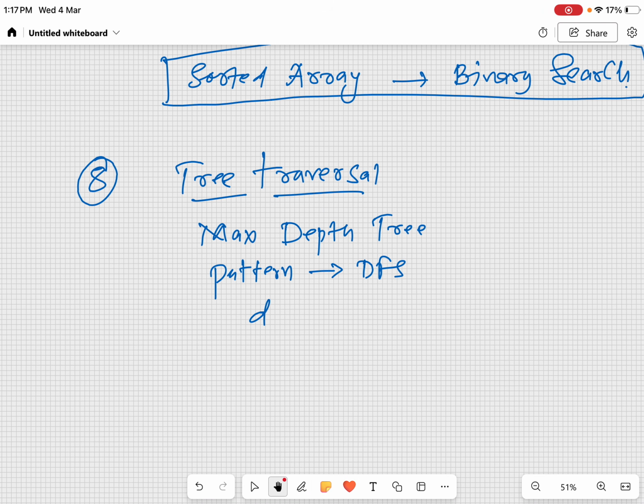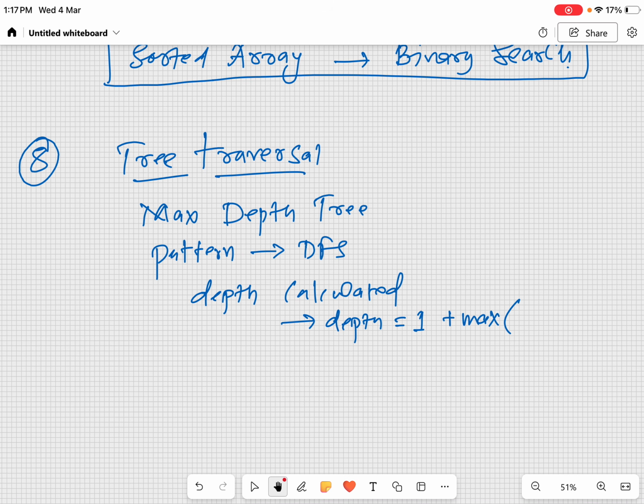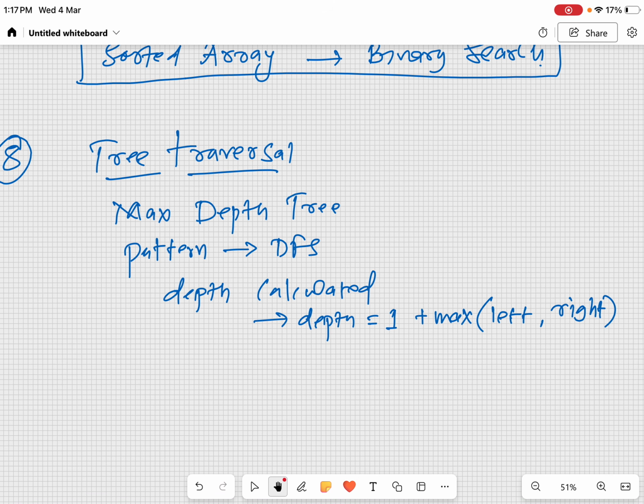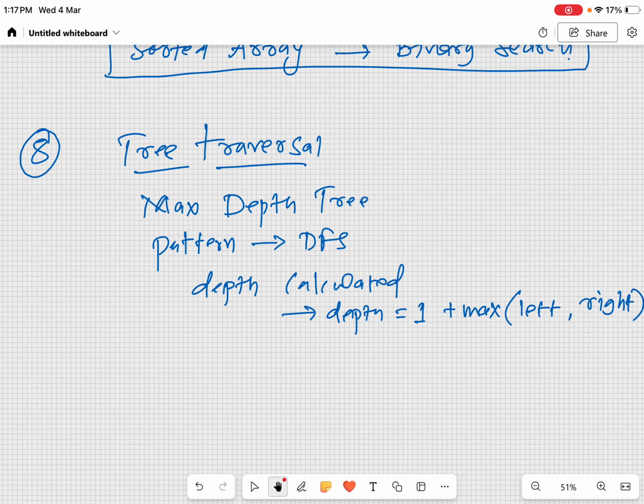And how is the depth calculated? Depth equals 1 plus max of the left and right depths. We need to implement this logic if the language doesn't support the max method. So this is the thing to remember.